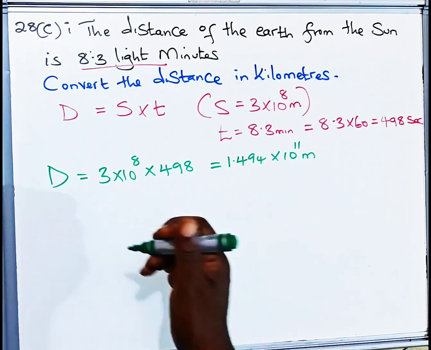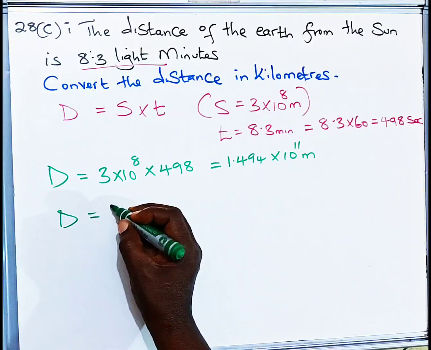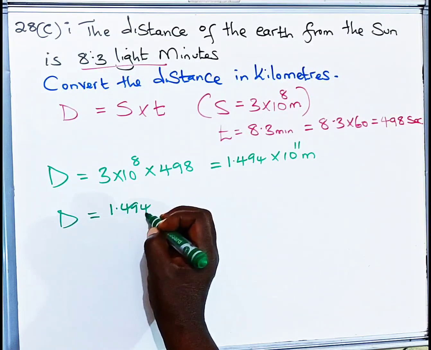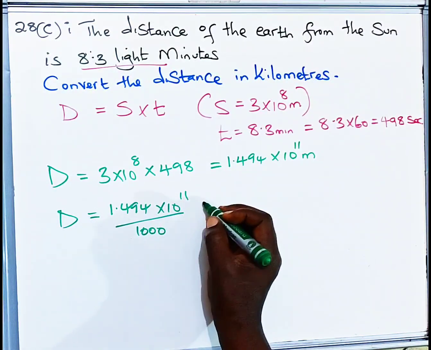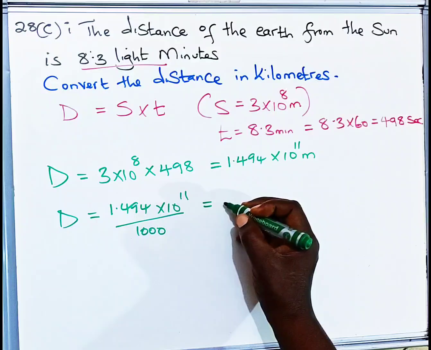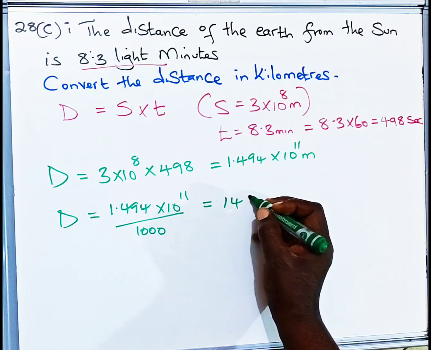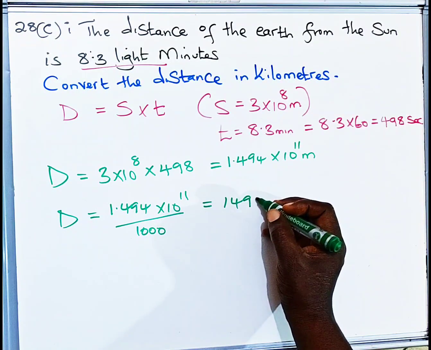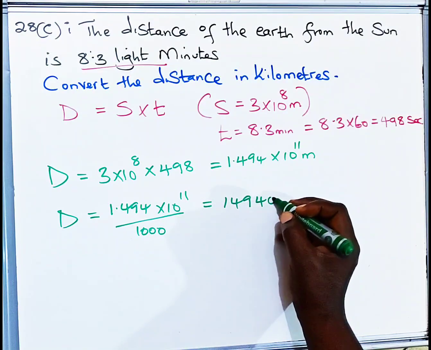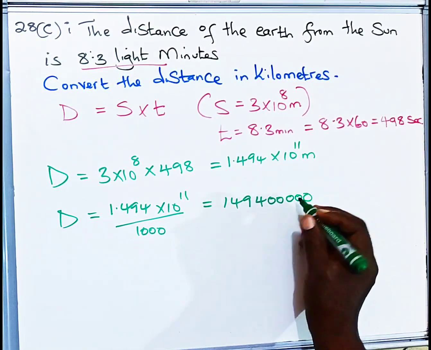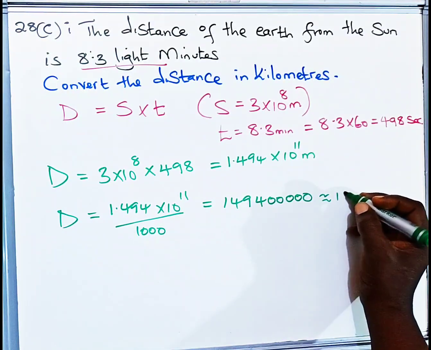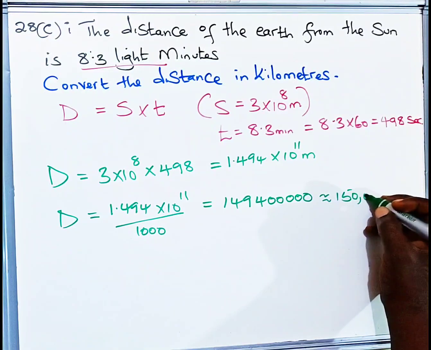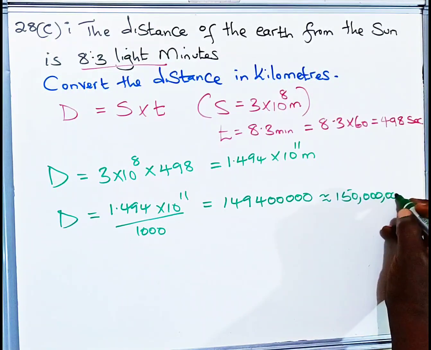So we are going to have our distance in kilometers as 1.494 times 10 power 11 divided by 1,000, giving you 149.4 million, which is approximately 150 million kilometers.